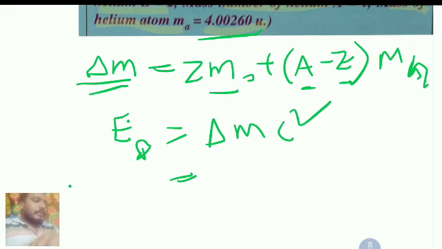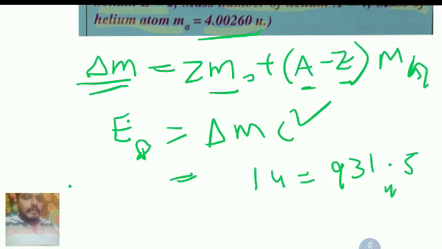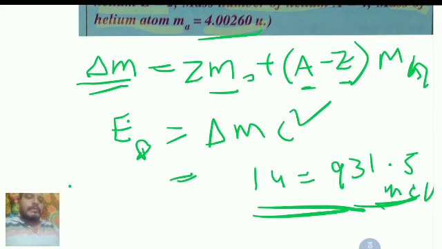C means 1 unit is equal to 931.5 mega electron volts. This is the c square value.